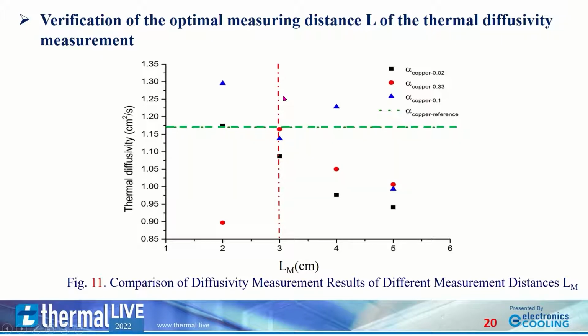Figure 11 shows that the relative errors were relatively close and small when LM is equal to 3 cm. At other distances, some of the test pieces have an increased error. Therefore, the conclusion of the experimenter is that it will be best when the measurement distance is equal to 3 cm.